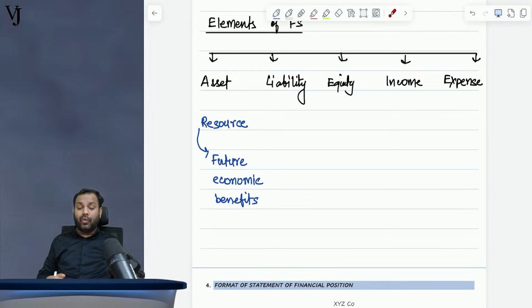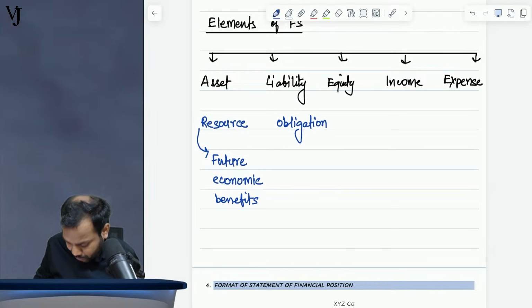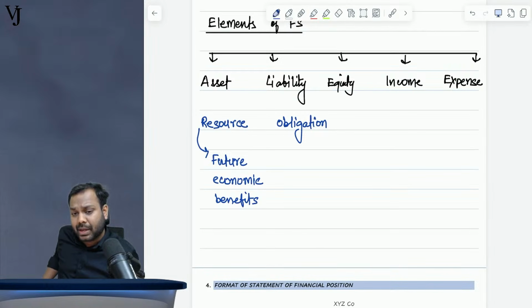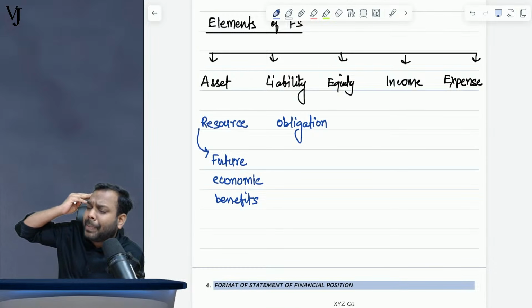Now, what is a liability? A liability is your obligation. Why obligation? Let's suppose I have taken a loan from a bank. Don't you think I have an obligation that I have to repay this loan?